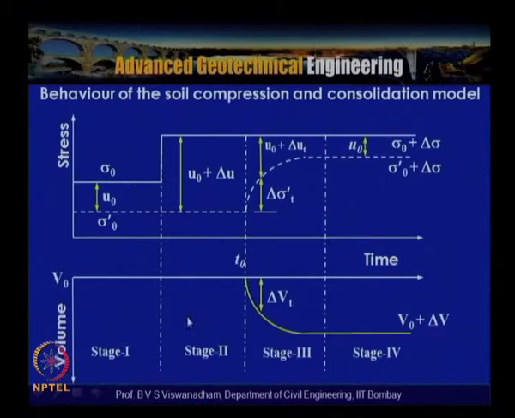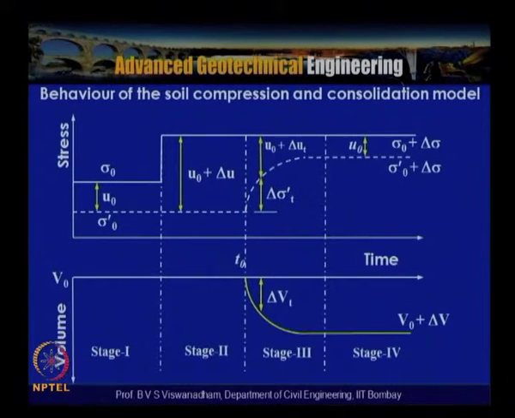Now at time t equal to 0 in stage 2, let us assume that this is the initial effective stress, sigma naught dash, and the soil surface has been subjected to an increase in load, delta sigma.